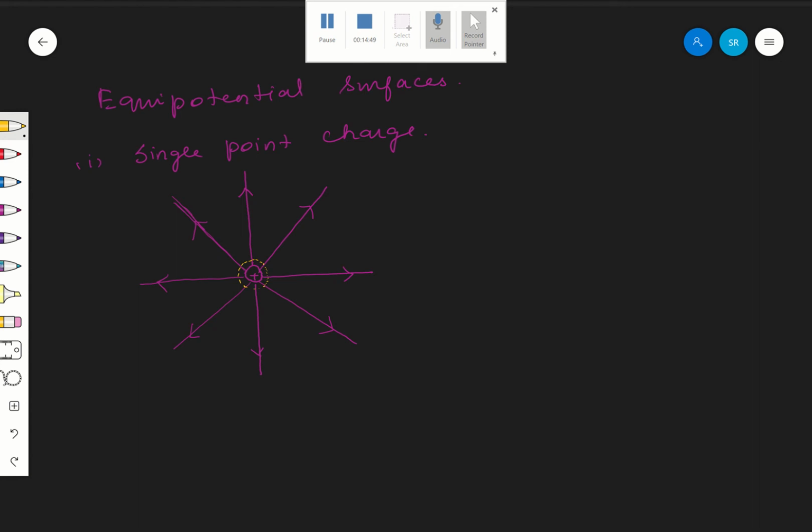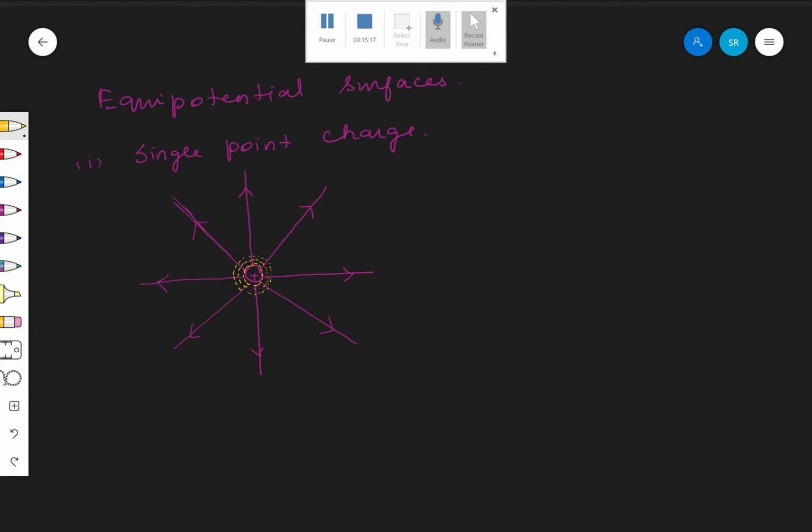Yellow lines are equipotential surfaces. Here, as I am near the charge, the field will be very strong, so the equipotential lines are also very, very close. On seeing the equipotential surfaces, you can say that the field is very strong.